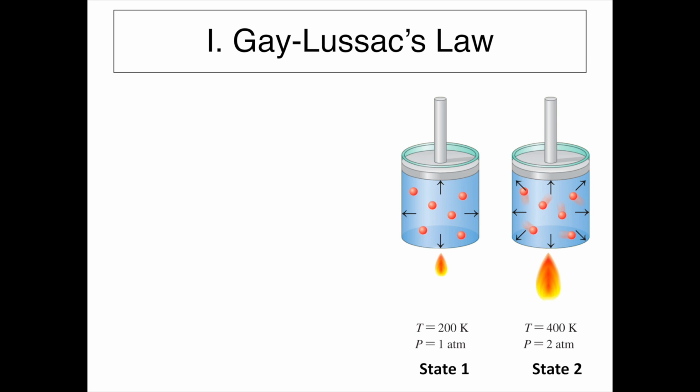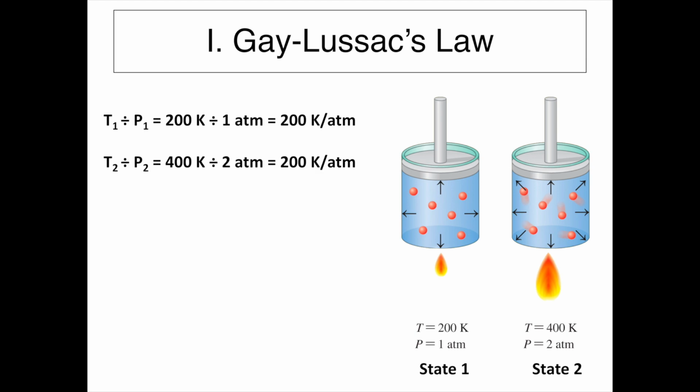Okay, now, if let's say we decrease the temperature, you would predict that the pressure would decrease. Very good. So let's take a look at this from a mathematical perspective, like we've done with the other 2 laws. Let's say that we take temperature and divide it by the pressure. We get a certain value, in this case, 200 Kelvin per atmosphere. That's state 1. Let's do that again for state 2.